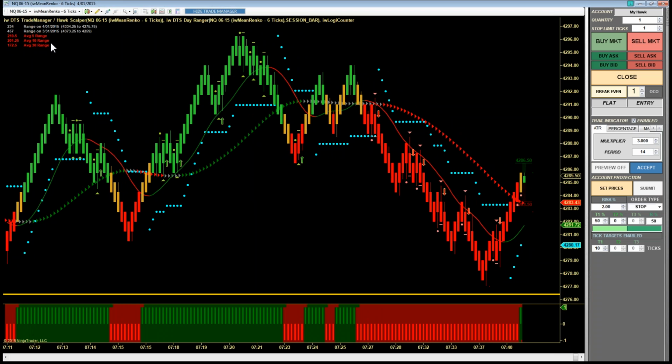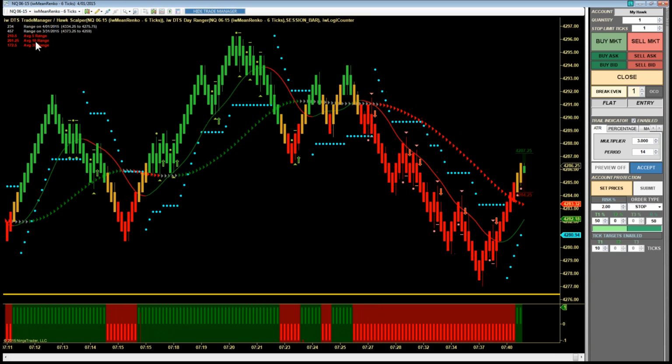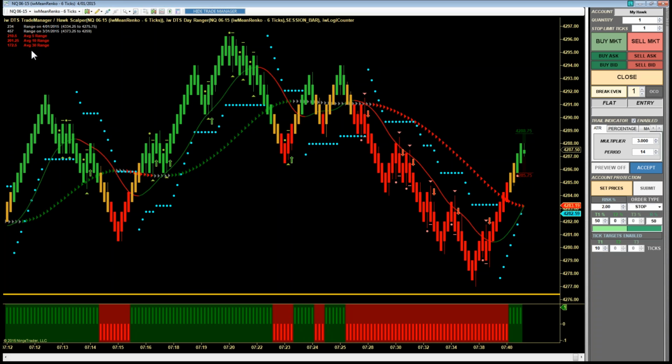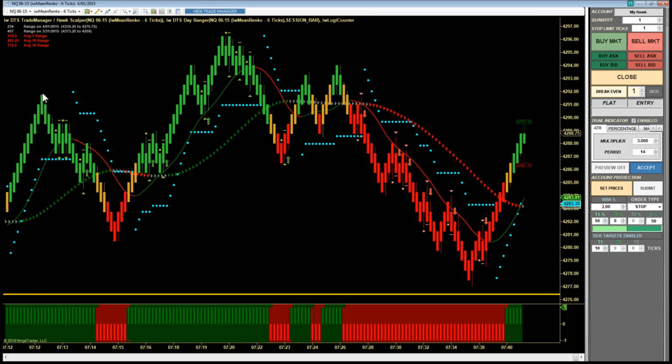Well, you can use this to help set profit targets. You can use this to help set stops. Let's say you wanted to risk 15% of the daily range as a stop. Well, that would mean you would run a 30-tick stop. Or if you wanted to run 20% as a profit objective, let's say you wanted to try to capture 20% of the daily range as a profit target, that means you would have a 40-tick profit objective based on what the market's recent ranges are.